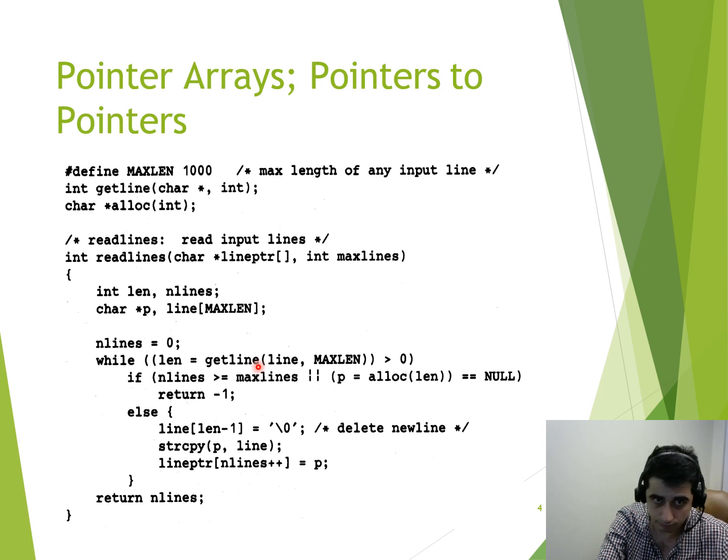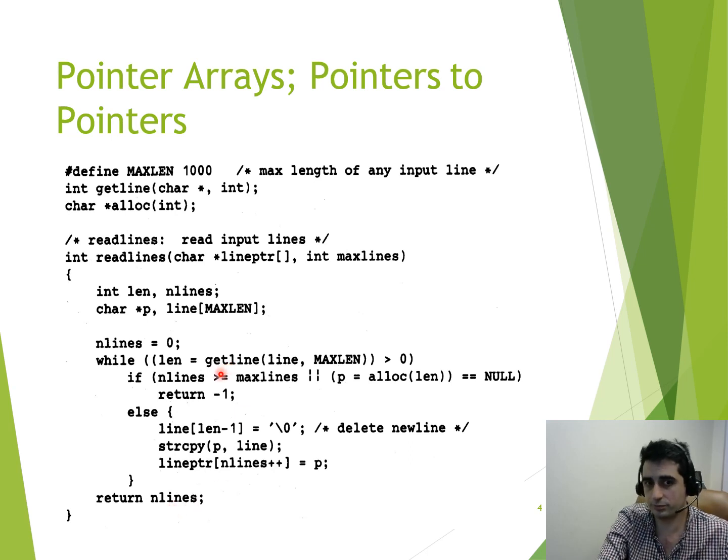So getline will get a new line, and the length of that line would be len. If the line is not received, or if there's no new line, this function returns 0, or I should say a non-positive value. And that's why we get out of the while loop, and we simply return the number of lines that have been successfully entered.